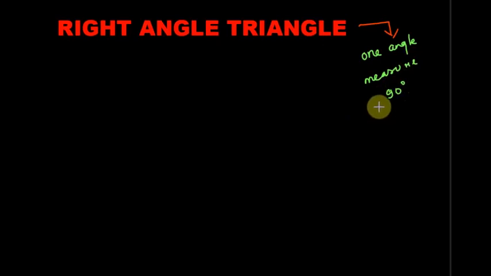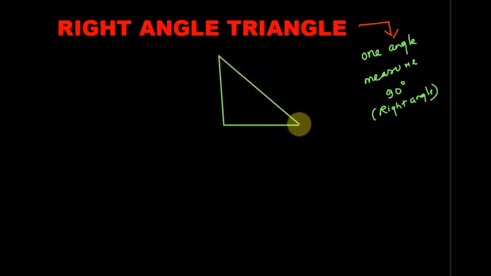This is the main property of a right angle triangle. This 90 degrees is also known as a right angle. So if I draw a triangle, it can be said to be a right angle triangle only if, out of these three angles, one angle measures 90 degrees.